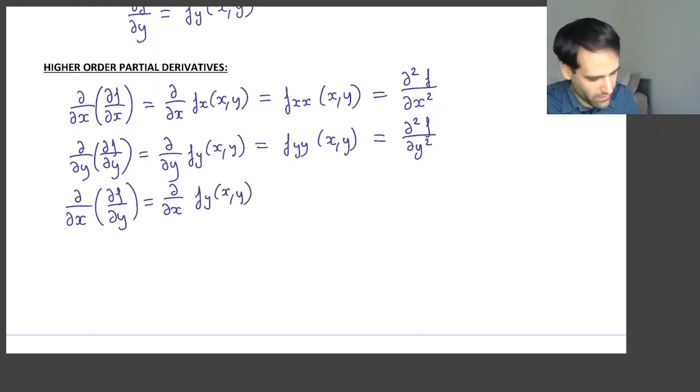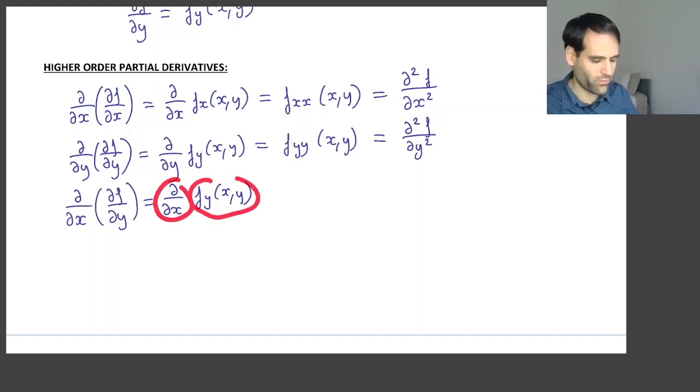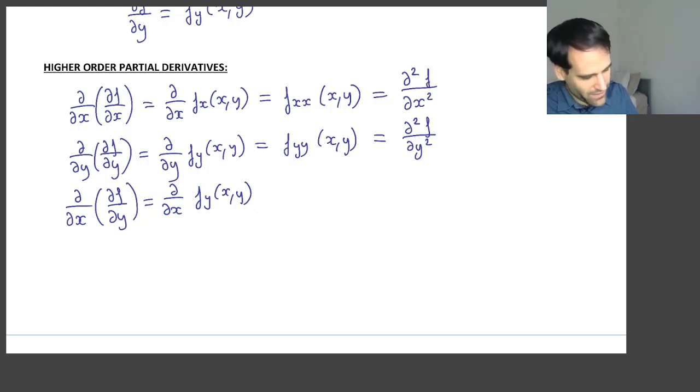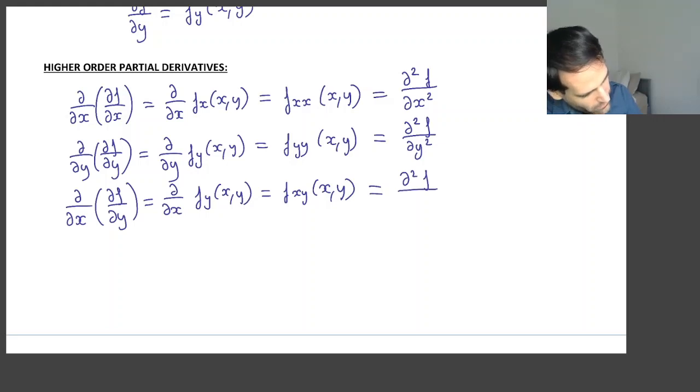Remember, f_y is a function of x and y both. Therefore, we can do the partial derivative with respect to x. And this is normally written as f_xy of x, y, and it can also be written as partial squared f partial x partial y.